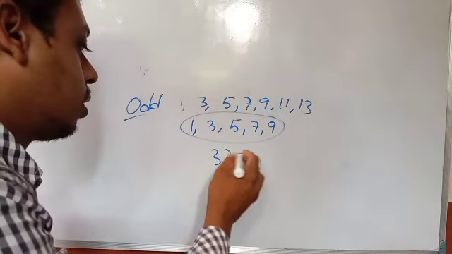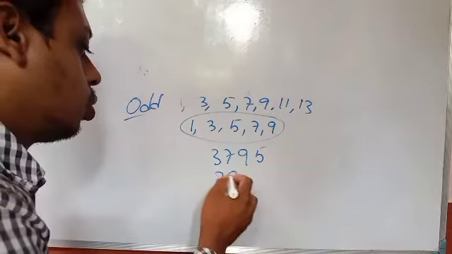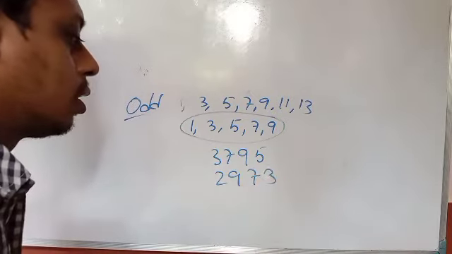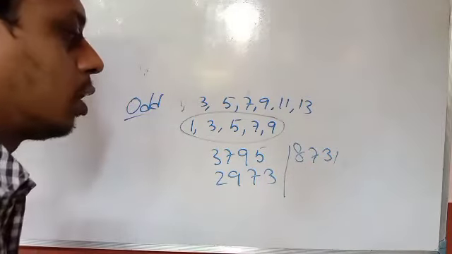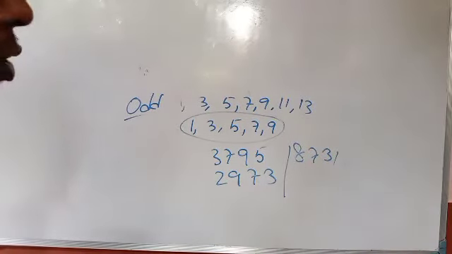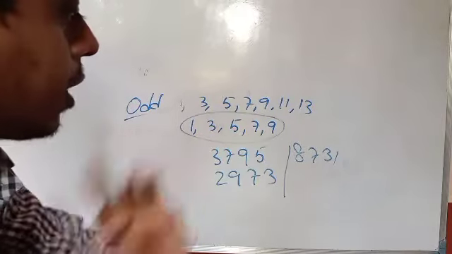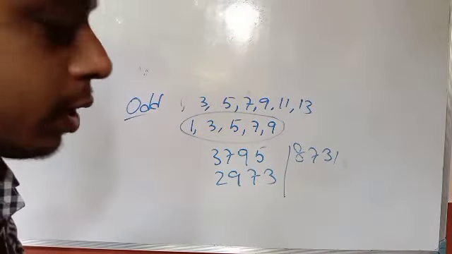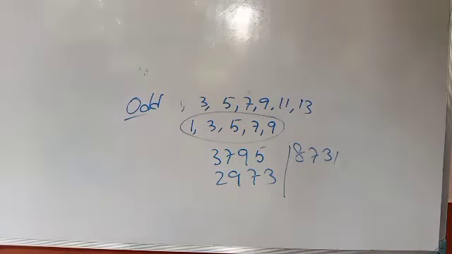Suppose 3, 7, 9, 5, odd number. 2, 9, 7, 3, odd number. 8, 7, 3, 1, odd number. So if you find 1, 3, 5, 7 or 9 in the unit place, the number will always be an odd number.